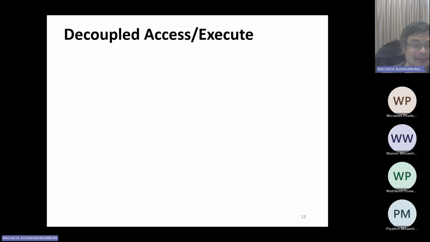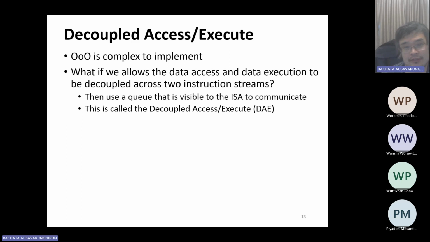Back in the day, if you look at the processors invented in the 70s, for example, we didn't have that many transistors. So your trade-off is you're going to spend a lot of transistors implementing this or make it cheaper. For example, you can do decoupled access execute because out-of-order is complex. The idea is, well, can we separate out your program into two different streams?